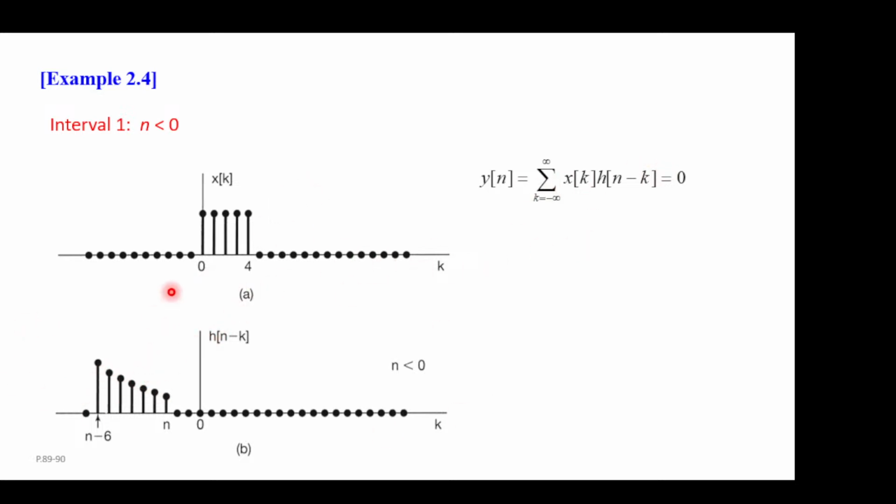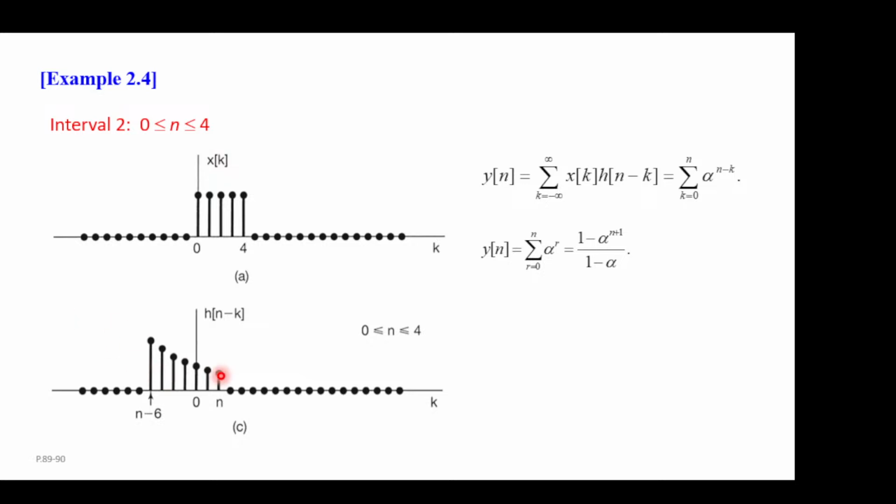And so if there is no overlap, then the summation is just 0. And so you will pull this h of n minus k around by changing the n. And then there will be different kinds of overlap between x and h for different n, and you will need to analyze this case by case. So for n between 0 and 4, we see we have overlap between those parts.